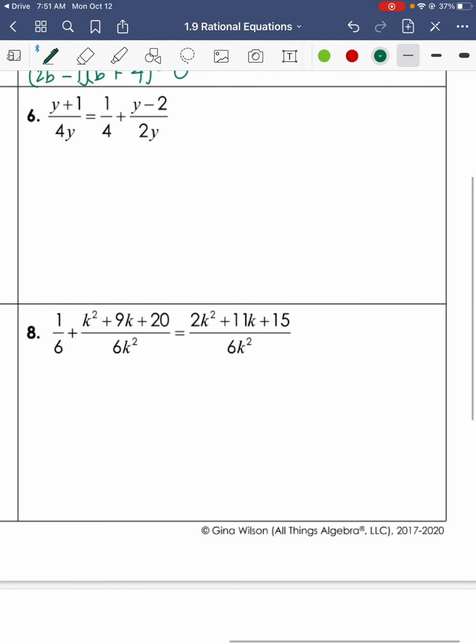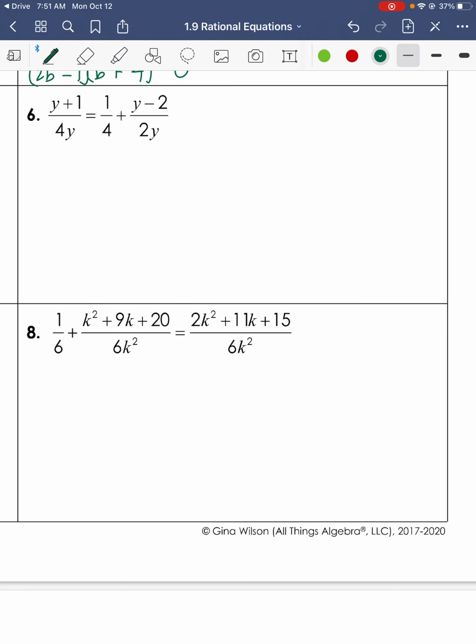So number 8, our denominators are 6k squared and 6k squared. So our least common denominator here is going to be 6k squared, because this 1/6, the 6 will go into it if we multiply it by k squared, and the other ones will go into it if we multiply it by 1.